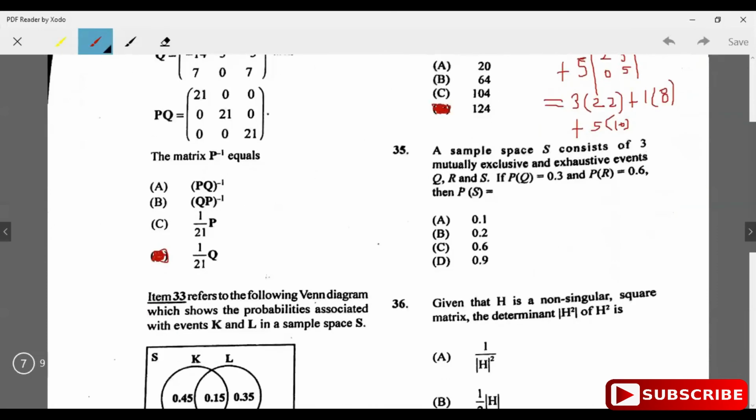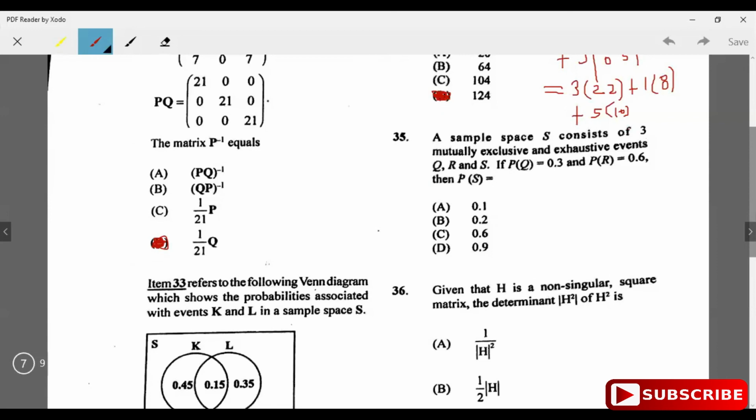All right, question 35. If it's mutually exclusive, then the intersection is 0. The probability of P plus the probability of Q plus the probability of R must equal 1, since the universal set has a probability of 1.